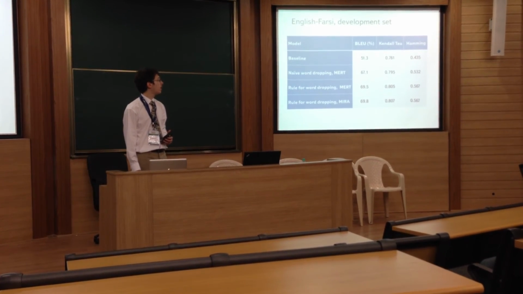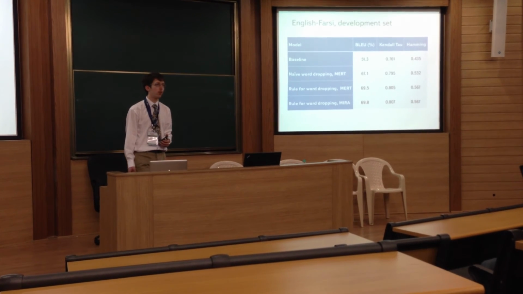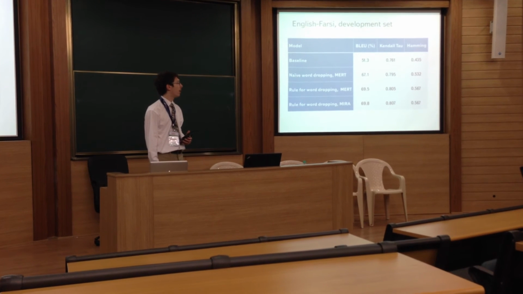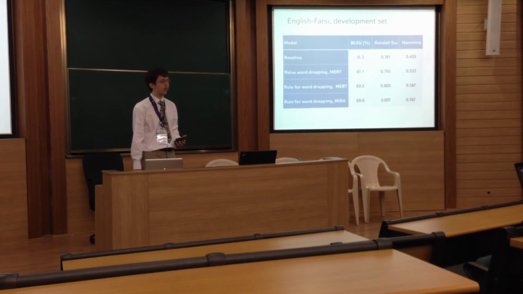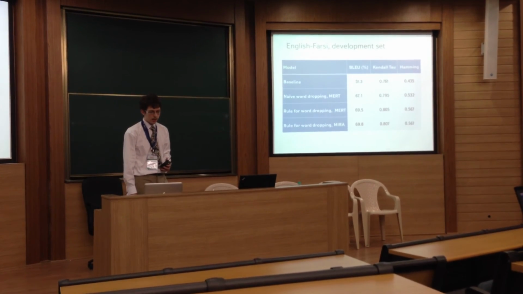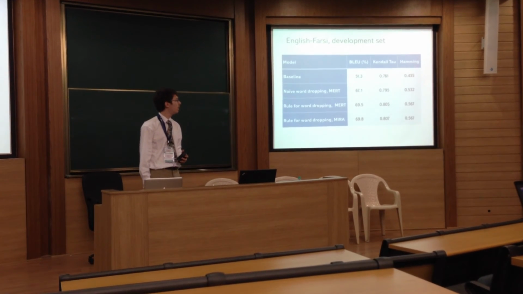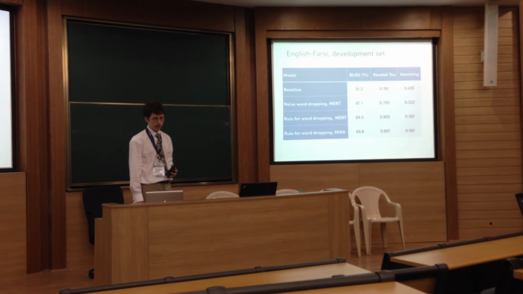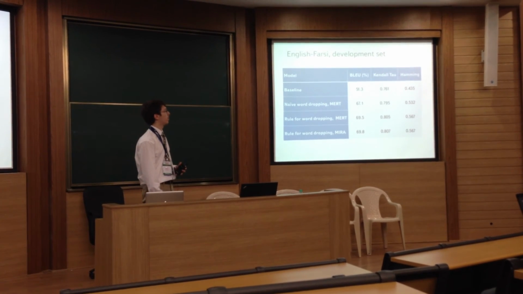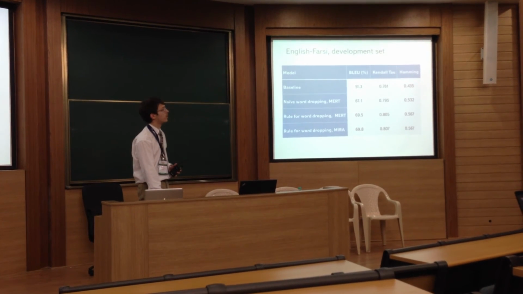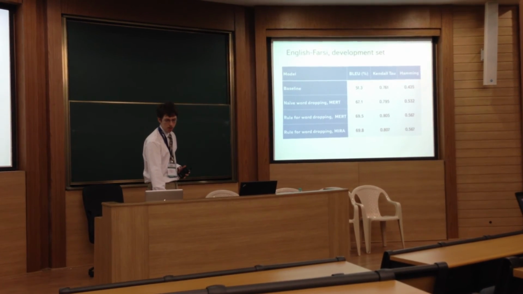Now, as you see, the special rule actually gave a significant gain in all metrics used, and MIRA versus MERT isn't as significant, but still it is quite stable. Those are results for the development set.